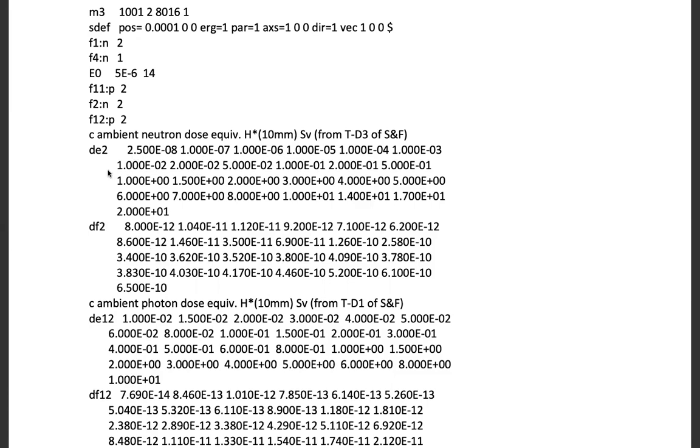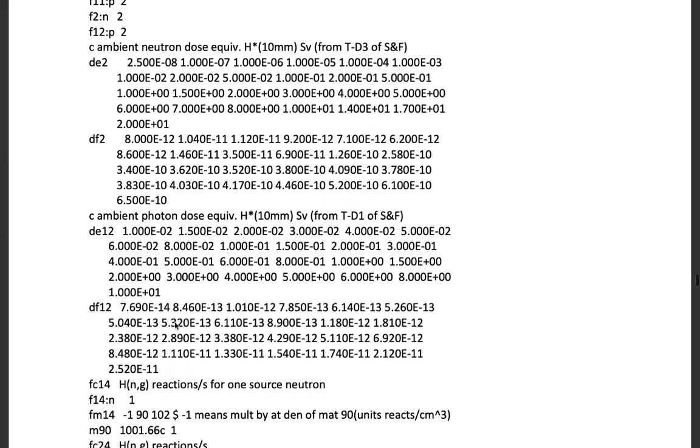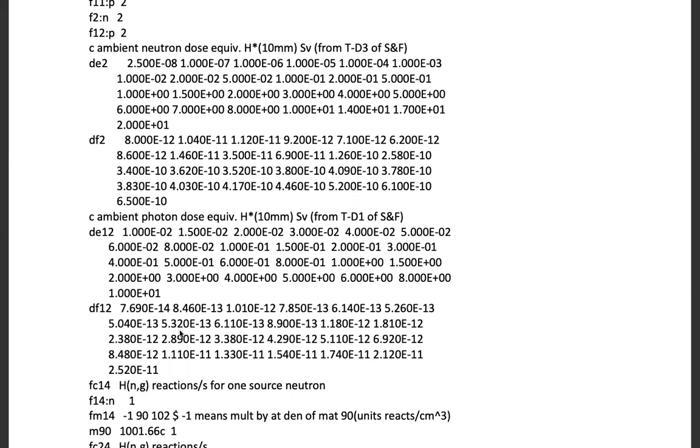Now this is for tally number 2. Tally number 2 is neutrons. So what MCNP will do is that it will take the flux and multiply by the dose conversion factors. Okay. Now, same thing for photons over here. This is called the H star 10 millimeter values.